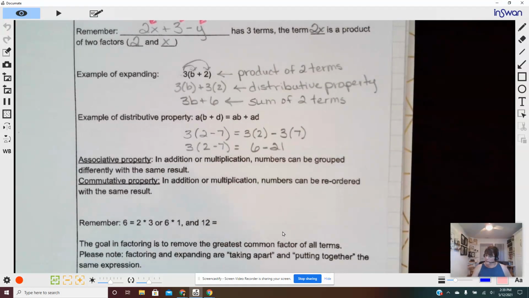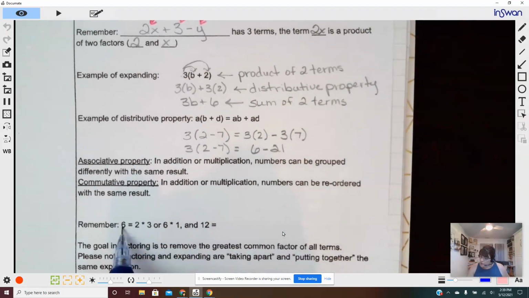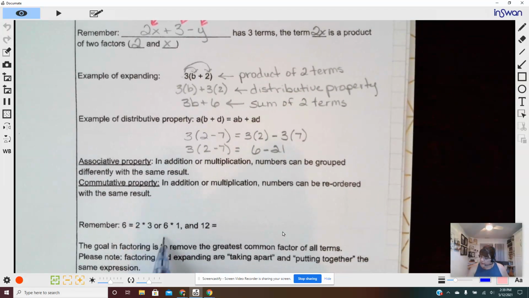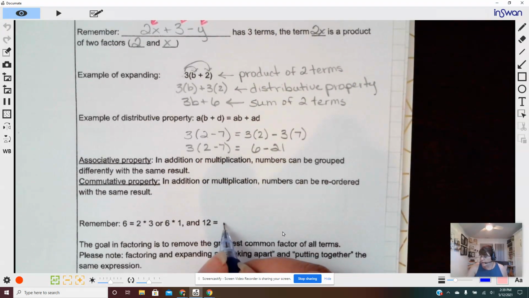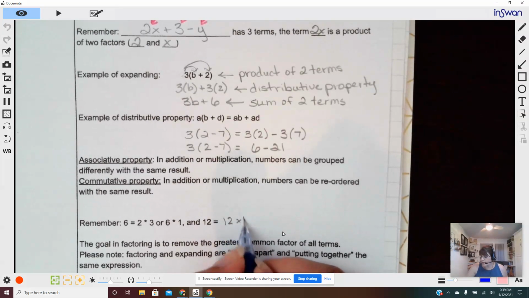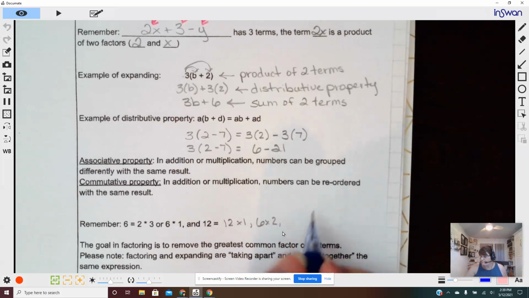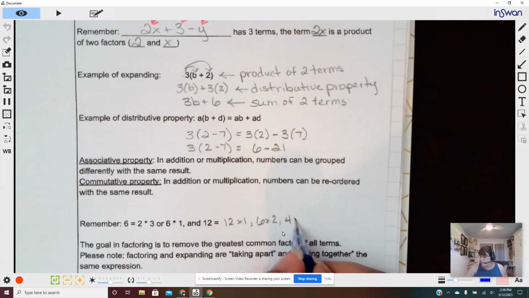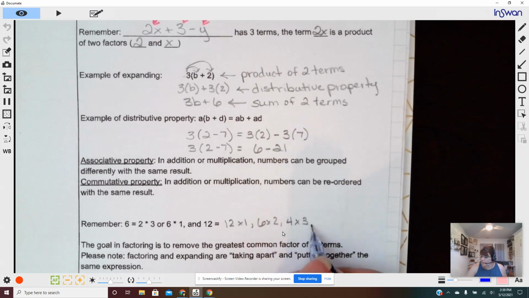So 6 could be 2 times 3, or 6 times 1. 12 could be 12 times 1, 6 times 2, 4 times 3, and also you could reverse these because of commutative property.